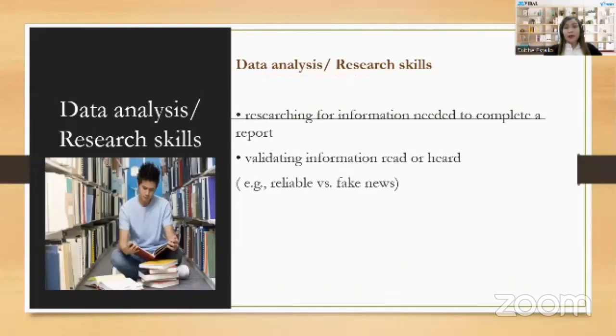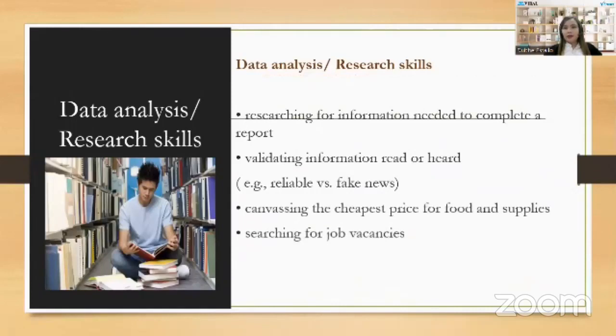That's a very important skill that we have to teach our students these days so they don't fall prey to just about any unreliable news. When canvassing for the cheapest price for foods and other supplies, and even when searching for job vacancies. And of course, the list still continues to expand.